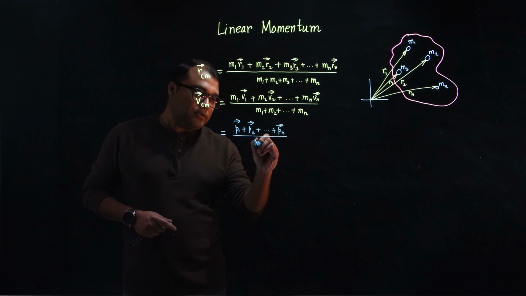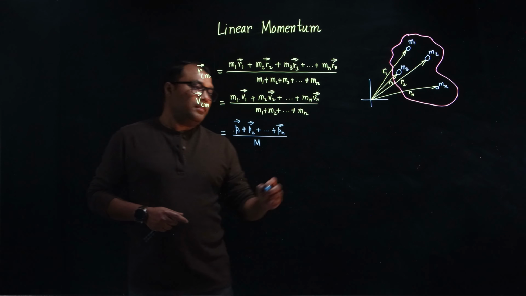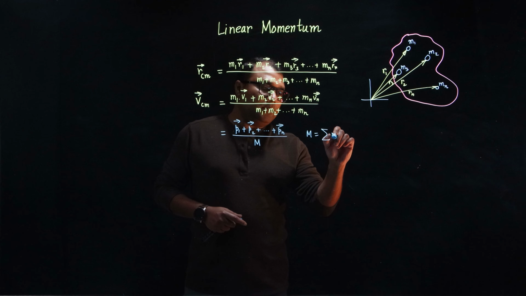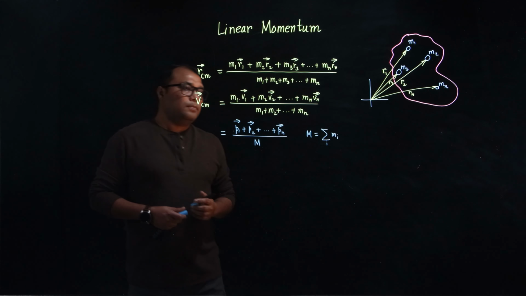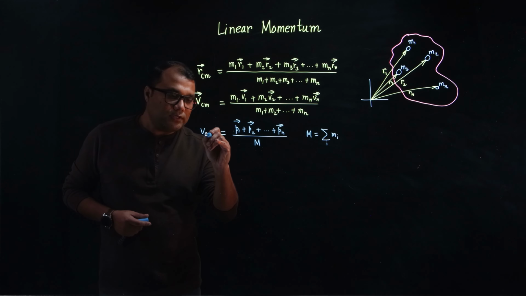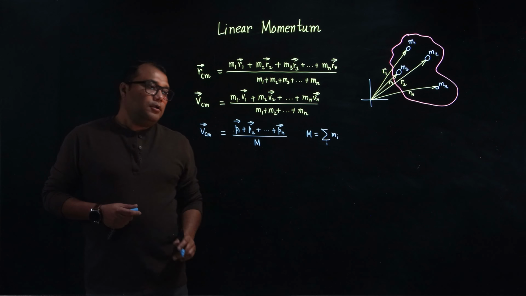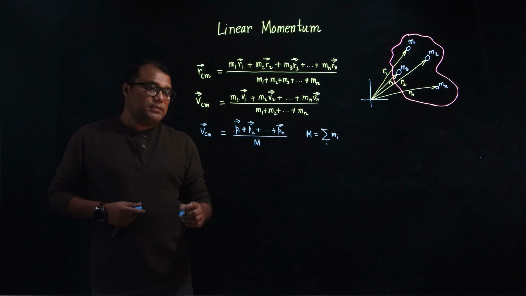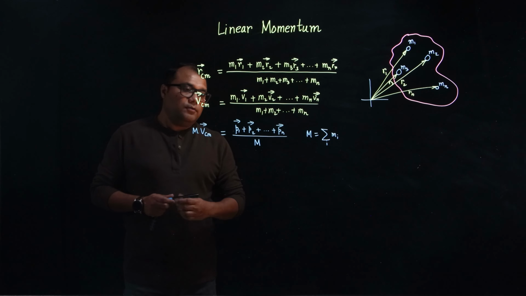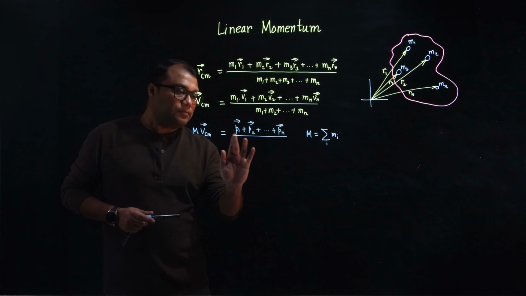So let's say that total mass is m, where m is the sum of all the masses. Now we have the velocity of center of mass here. Now if I multiply this on the other side, this becomes m v cm.